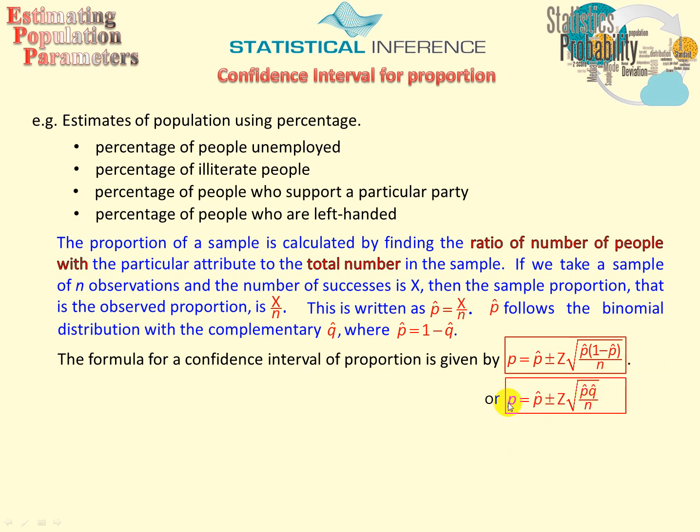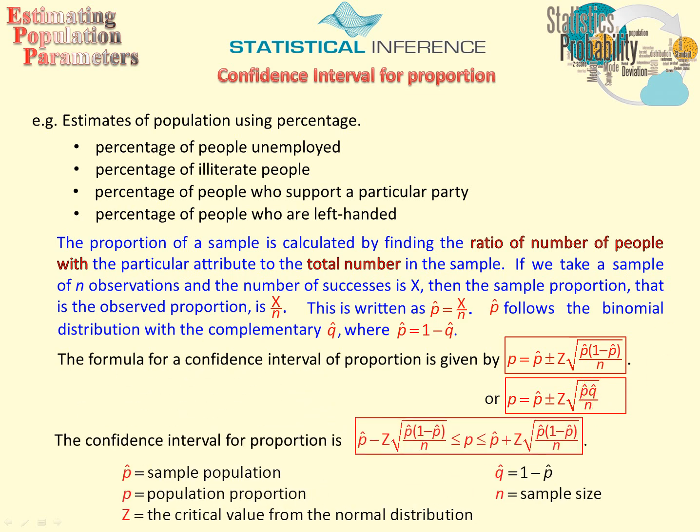So remember, p hat for proportion, that's the proportion of the sample, plus or minus the z-score required for the confidence interval required, times the square root of proportion of successes times proportion of failures over the number in the sample. So there it is there. And then the confidence interval for proportion is between those two values.